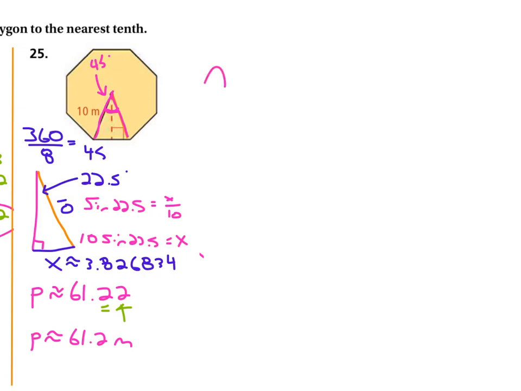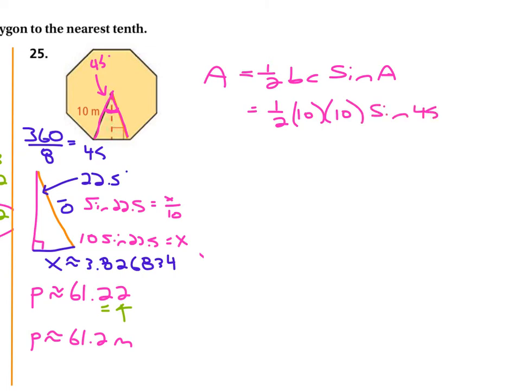If we wanted to find the area, we can say the area equals 1/2 b times c times sine of a. So 1/2 times 10 times 10, those are both from the radii, times the sine of 45 degrees.